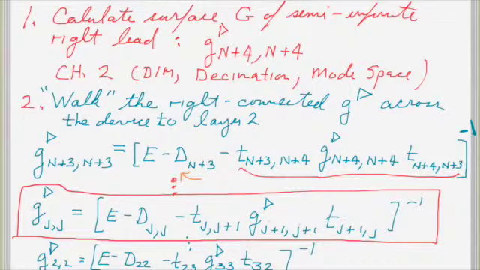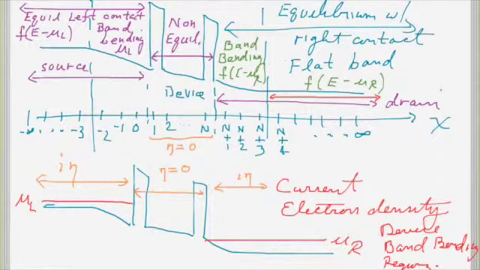We've moved that all the way across the device. So now the flat band region of the left lead starts at -3, and so we'll go ahead and calculate the surface Green's function of the left lead at -3, again using any of the methods from chapter 2.